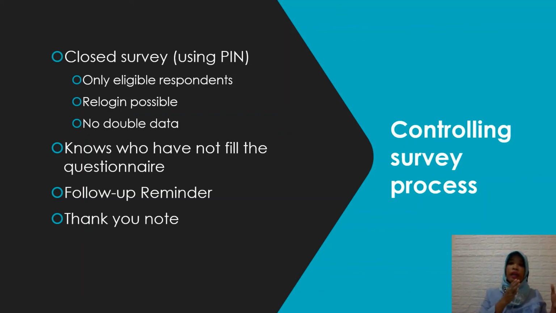They will have to, for example, register or do a part one survey, like a screening survey first, and then you only invite those people who are eligible for taking the main study, and give them a PIN to access it.